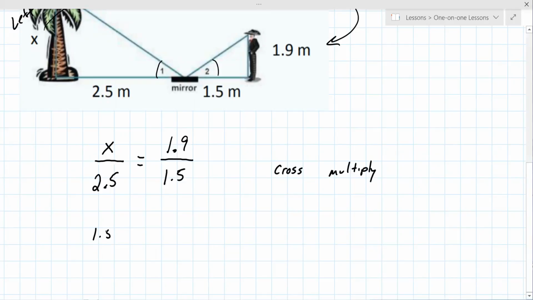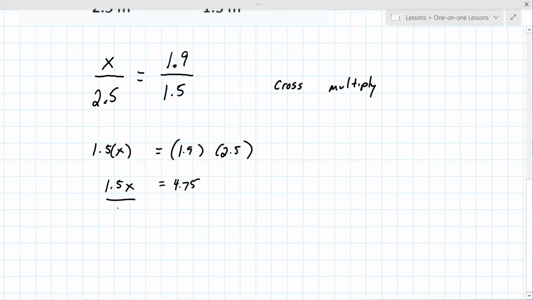You got 1.5 times x, and then 1.9 times 2.5. I got 4.75. Yeah, 4.75 equals 1.5x, so you're going to divide both sides by 1.5.